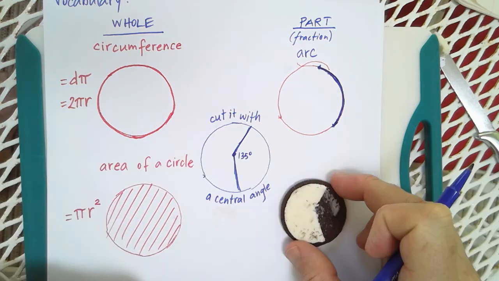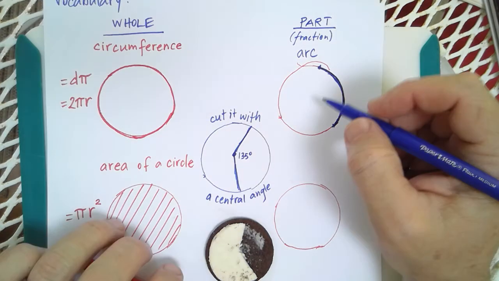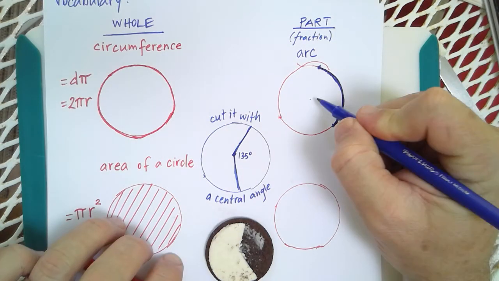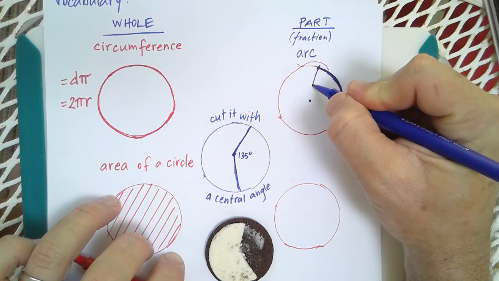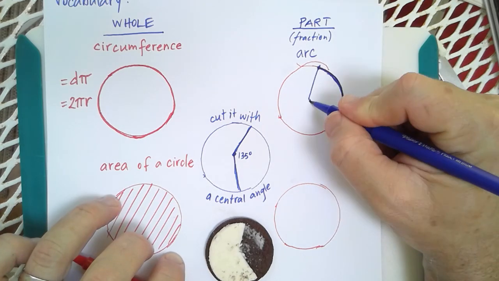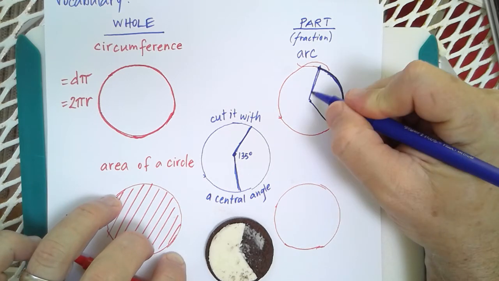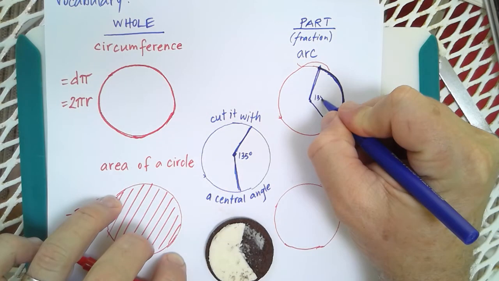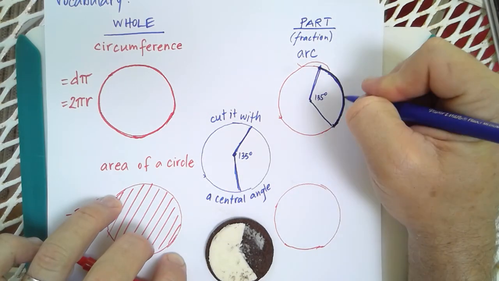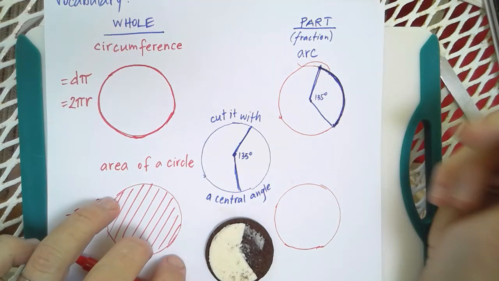Okay, so I've traced another circle here. I realize over here I forgot to put in my central angle, so I'll go back to the arc. How did we know how long the arc was? The central angle cut it for us. So that central angle of 135 degrees is going to cut a certain fraction of the circumference.